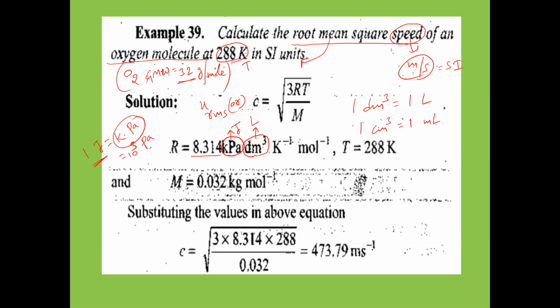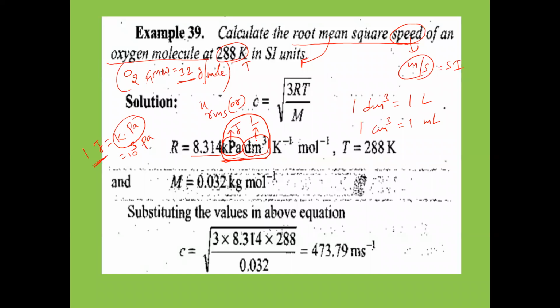So joules, okay, means what here? Kilopascal into liter, kilopascal into decimeter cube. This will be equal to joules. So instead of writing R is equal to 8.314 joules, we can also write 8.314 joules Kelvin inverse mole inverse. Otherwise, 8.314 kilopascal into decimeter cube.